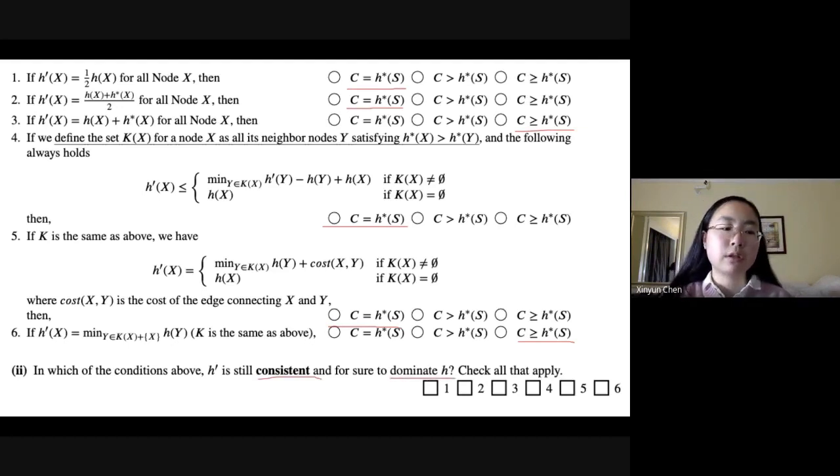From the discussions in part A, we already know that 1, 3, 4, and 6 could not be the answers. As in part A, the heuristic H prime still dominates the heuristic H in condition 2, so 2 should be selected. From our previous derivation for condition 5, we know that H prime is always not smaller than H, so 5 is also an answer.